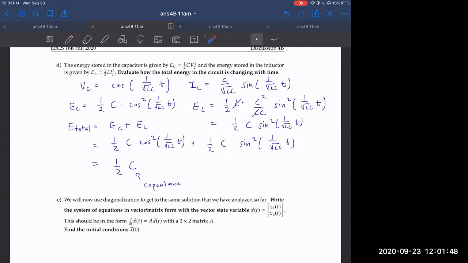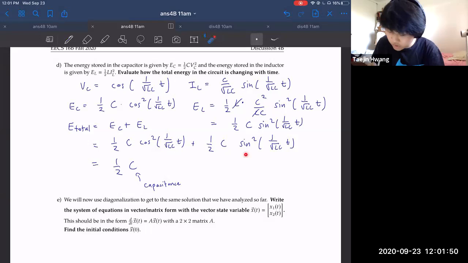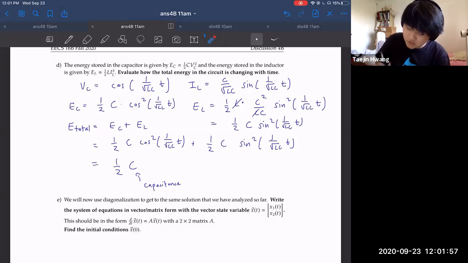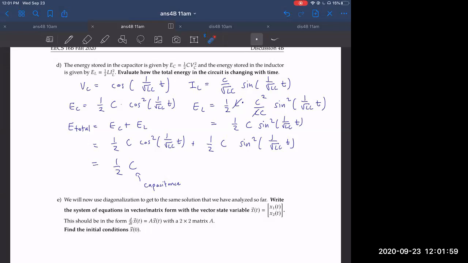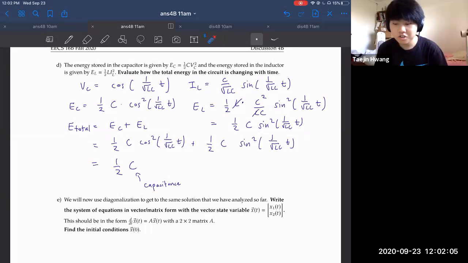The units are kind of weird here. If you actually do the dimensional analysis, it'll all work out. So I guess, does the total energy not rely on the voltage? Exactly, yeah. The total energy only relies on the initial voltage.